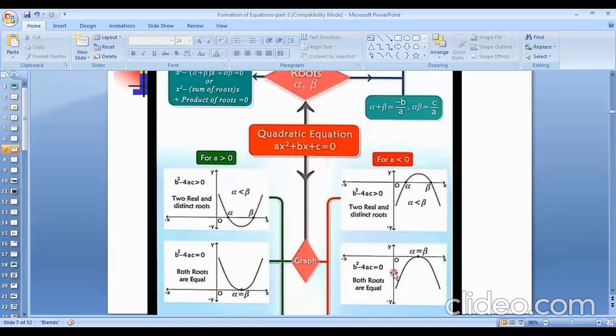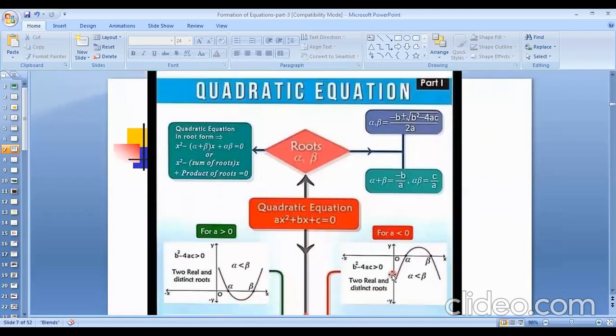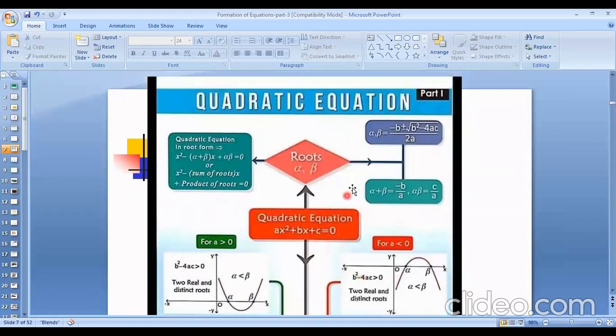So now, what will be the formation of a quadratic equation? Suppose this is the quadratic equation and the roots are alpha and beta. Alpha is one solution and beta is the other solution. There are two solutions of this equation. So the sum of the roots, alpha plus beta, will be minus b by a.